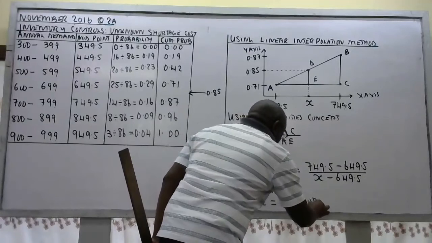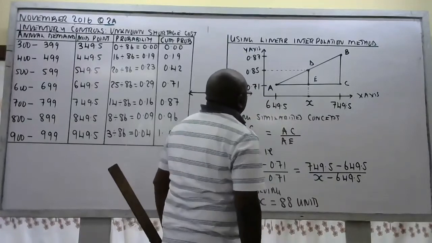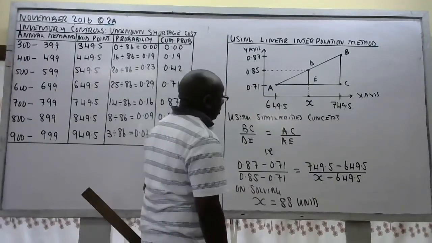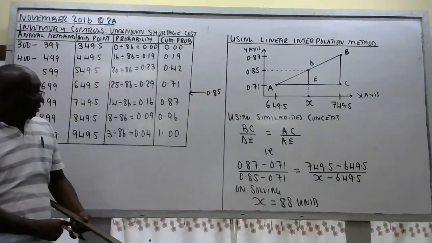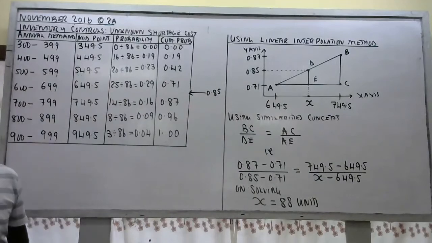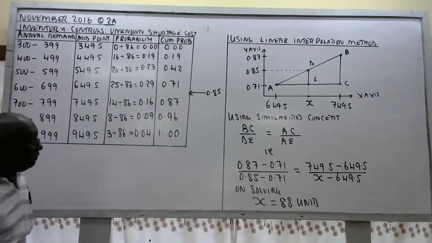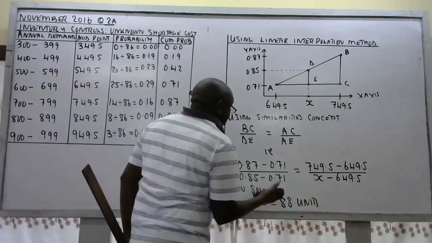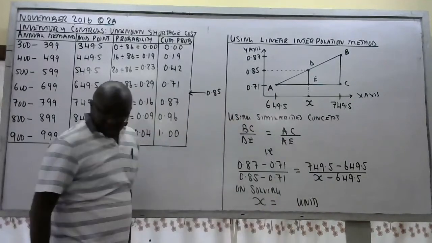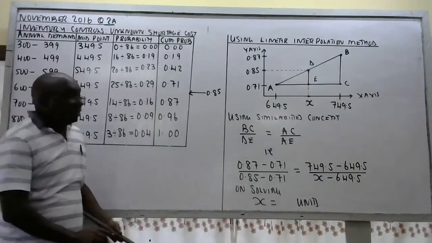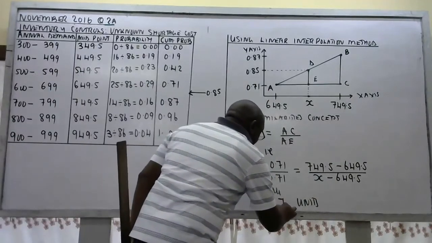Sorry, not 88. It should be 738 when you add to the 615. It should be something to do with 738.